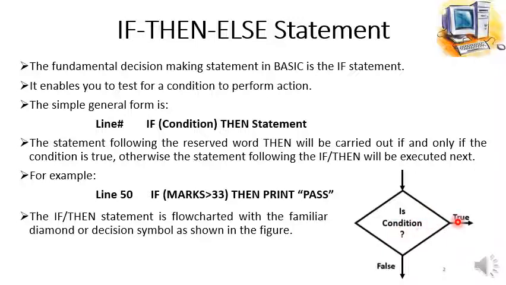If the condition is true, then a block of statements is going to be executed. If the condition is false, then maybe another block of statements is going to be executed. So whenever we have to write a program in which we have to evaluate a condition, we will be using the if then statement.